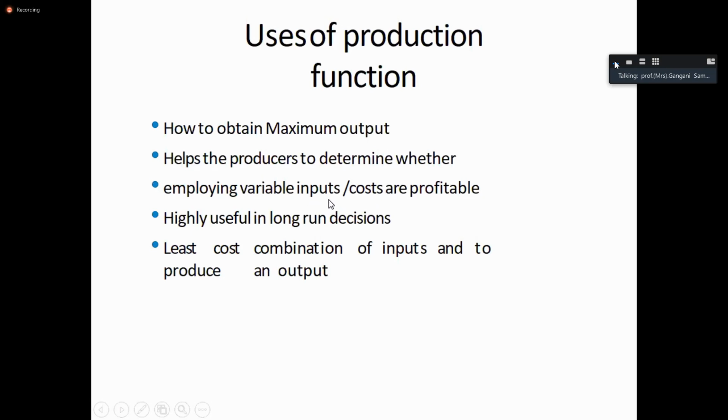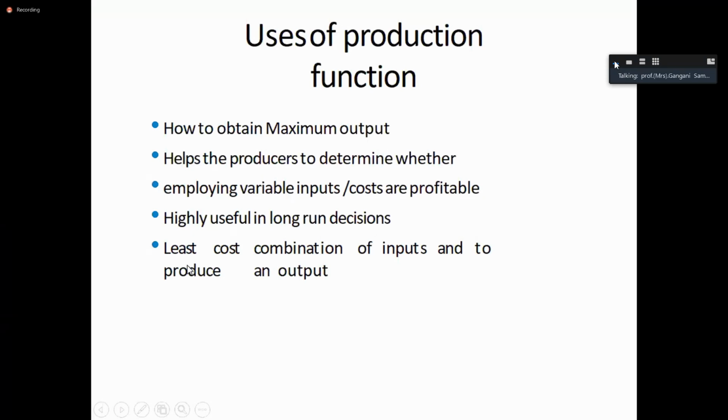You know, sometimes we use seeds, but no quality. Okay, so we use money to purchase seeds, but no quality. That means we are incurring unnecessary costs. That's why every time we need to discuss whether the inputs we used are profitable.